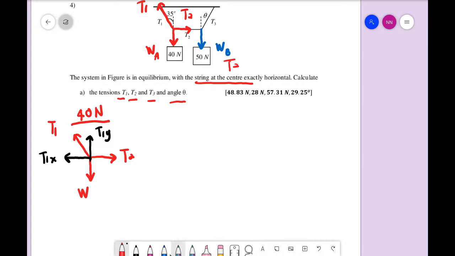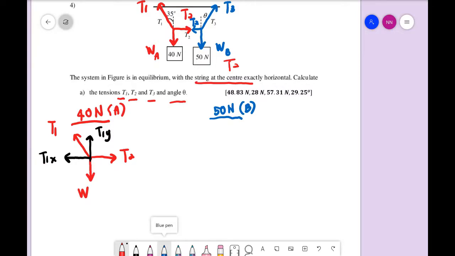It has tension T3 away from the object of 50 Newton, and it also has T2 but away from the object of 50 Newton. So the object of 50 Newton is object B, and the object of 40 Newton is object A. Maybe you can name them 1 and 2. It doesn't matter.